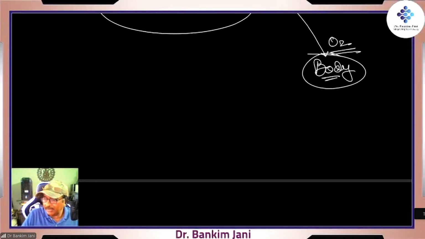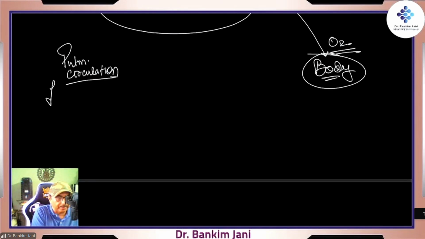Okay. So in a nutshell, what we really understand is that when we talk about the pulmonary circulation, this is a low pressure system. And it makes sense that it has to be a low pressure system because the alveoli are very delicate.